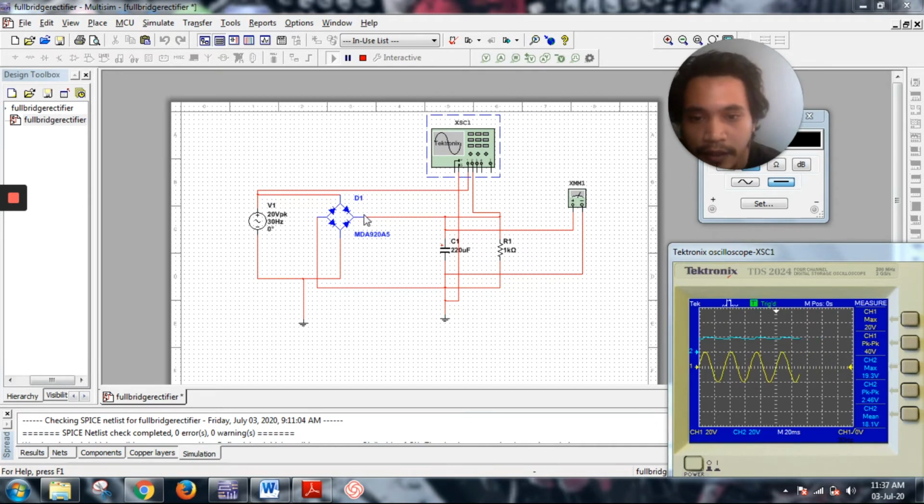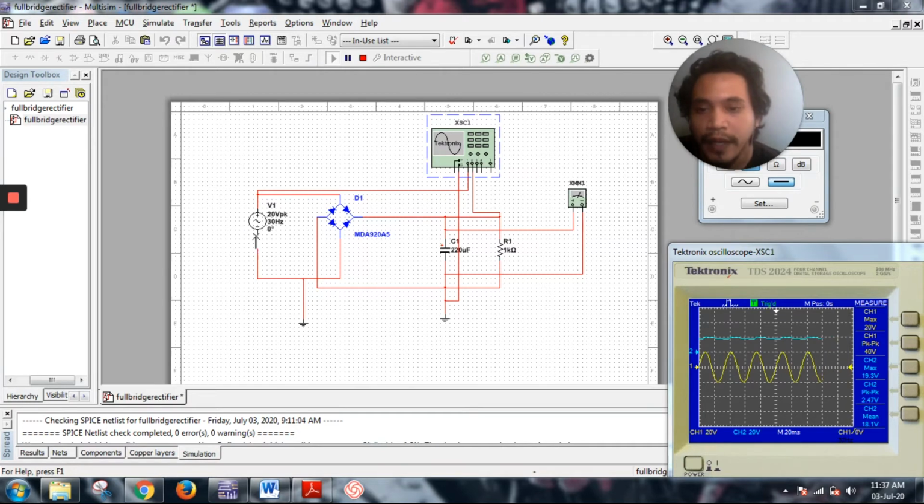So it will transfer and go to the load, which is R1 and capacitor 1, and will transfer back to the diode.